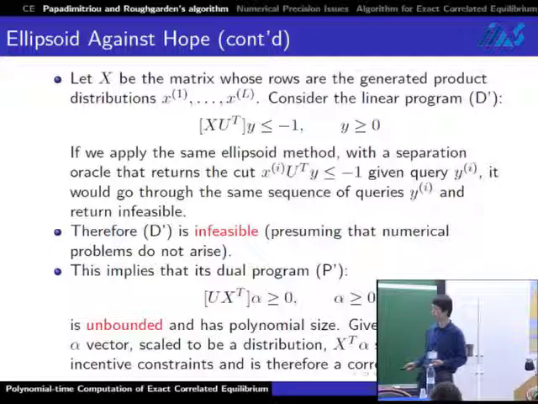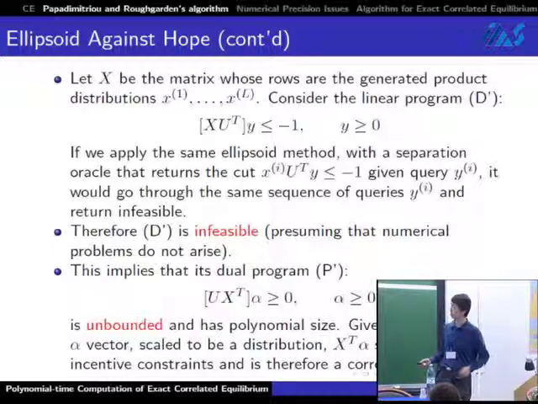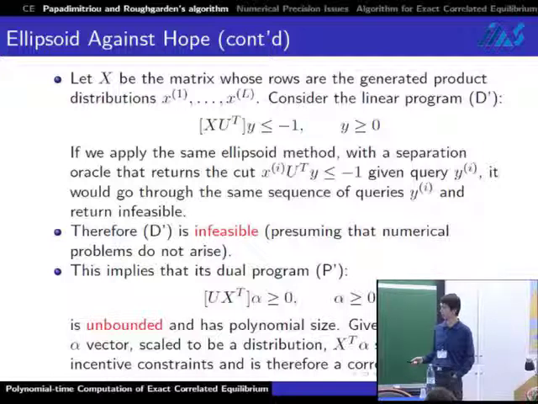And this is essentially, alpha is a mixture over the rows of X, and each row of X is a product distribution, so the result is a mixture over product distributions, which can be represented compactly.